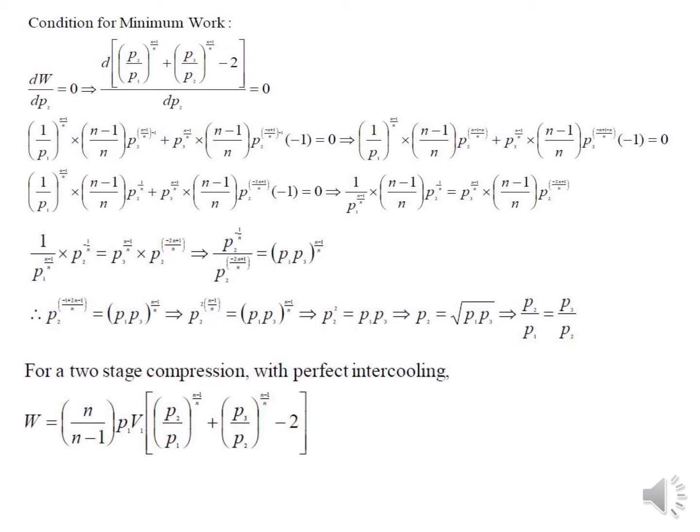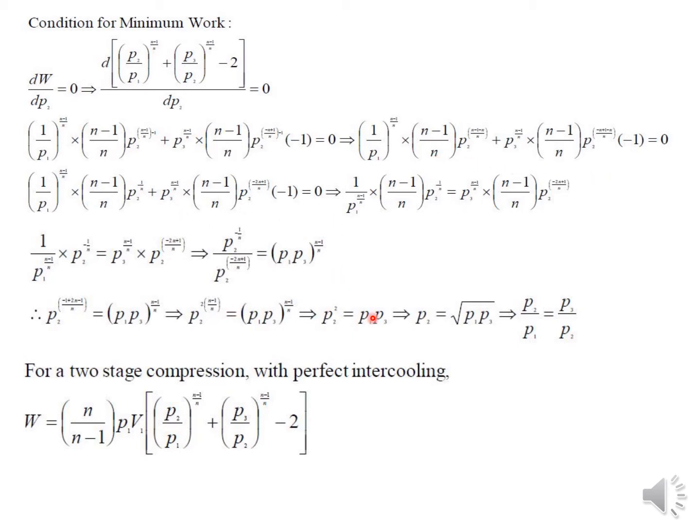Differentiation is done step by step here: P2 by P1 raised to n minus 1 divided by n, P1 remains the same and P2 is differentiated. In the other term, P3 raised to n minus 1 by n is common, and 1 by P2 is differentiated. So you just go on solving step by step.